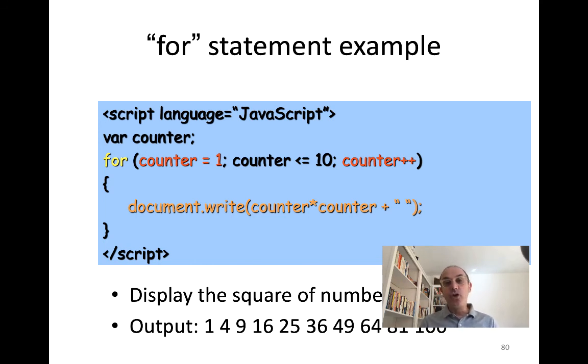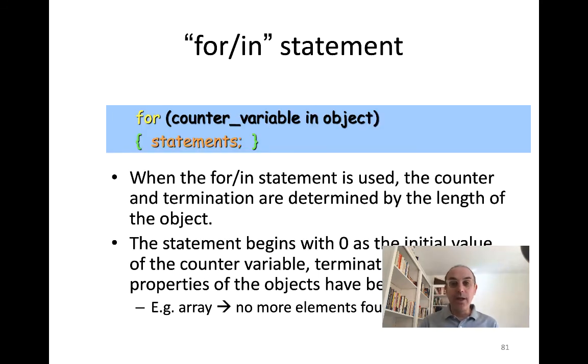The document write will be counter, and I will add another counter, and I will leave those two empty. So it will display a sequence of numbers. The output in this case will be 1, 4, 9, 16, 25, until it reaches 100. So this is the idea of the loop statement in that regard.